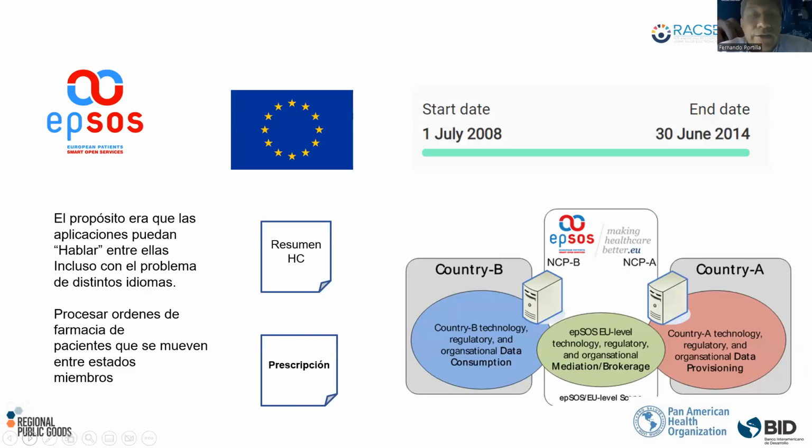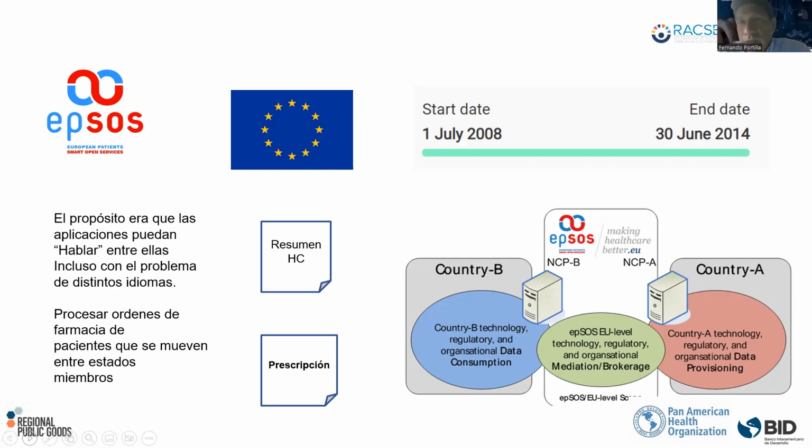It is good to understand the genesis, to understand where all of this came from, because it is an important need, and this is something that has been discussed in several projects. One of the most important ones is the EPSOS project.